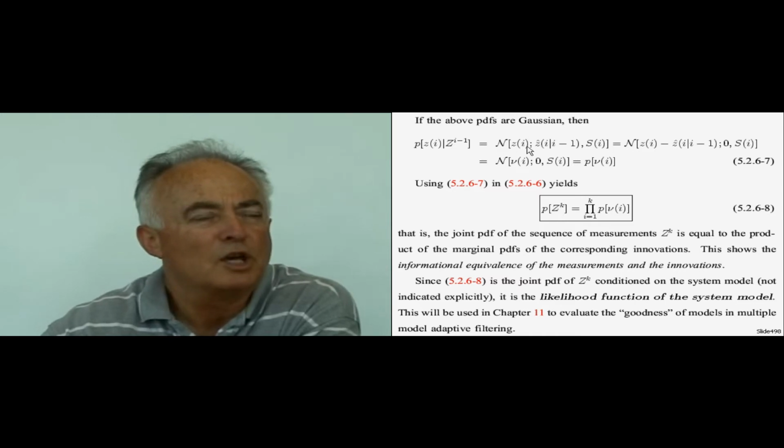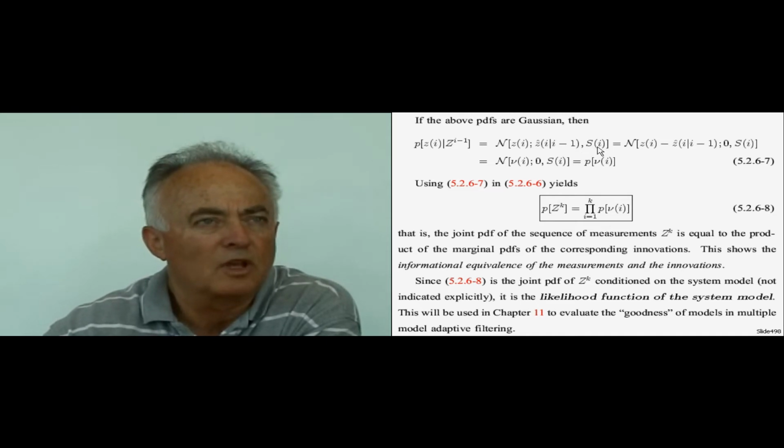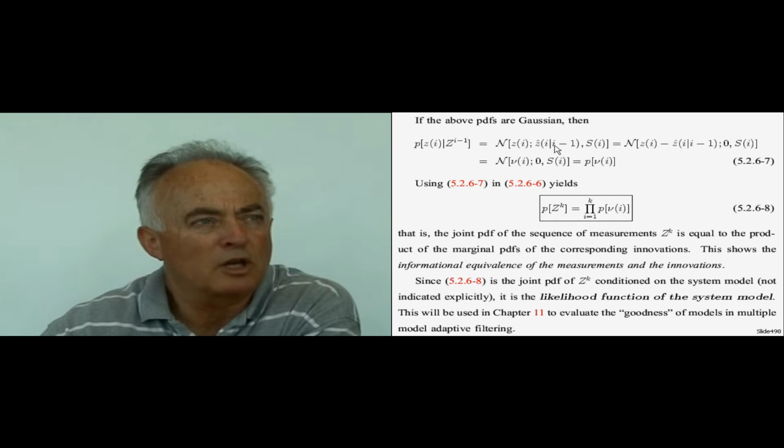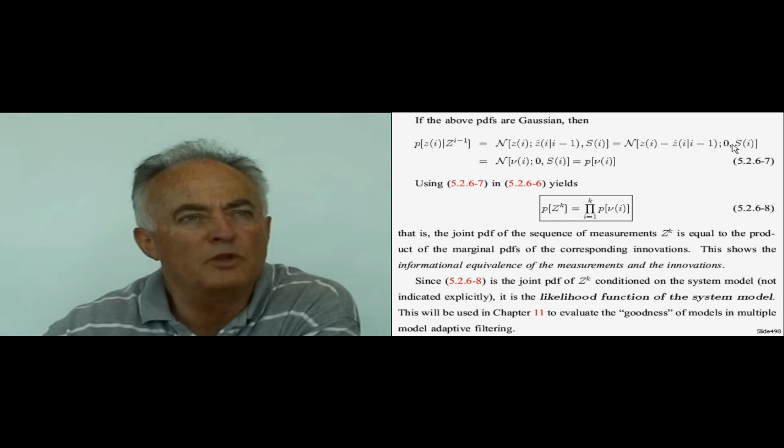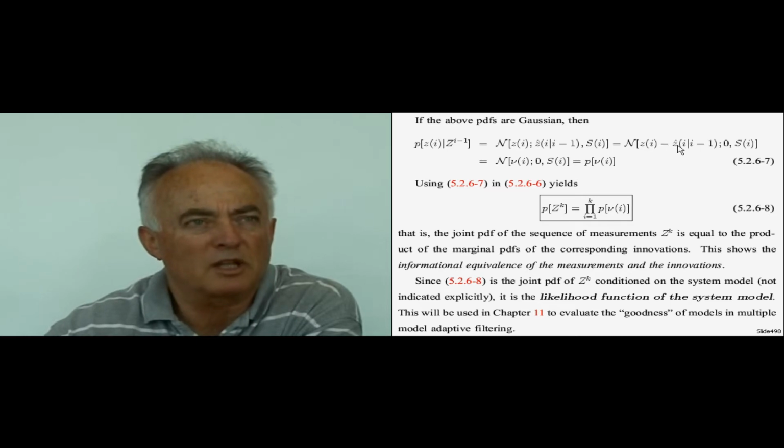Argument z_i, mean is z hat i given i minus 1, covariance is S_i, which can be written by using the property of the Gaussian, that this is really a quadratic form of argument minus mean with respect to S inverse. We move the mean into the argument. So it's Gaussian with argument z_i minus z hat i given i minus 1, mean 0 and covariance S_i.